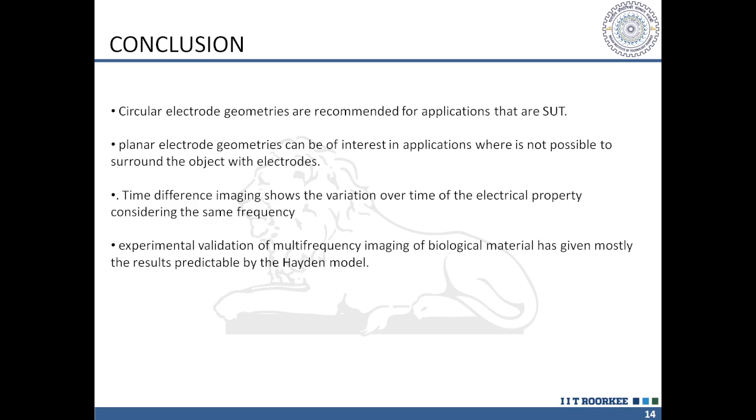So we can also get the output and understand how they react with specific tissues by applying different frequencies, as the time difference also changes the electrical properties of the particular tissue or material.